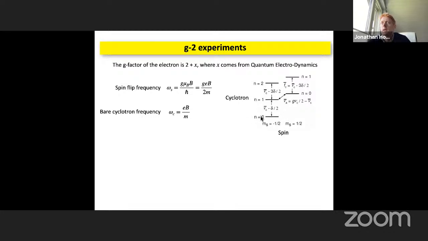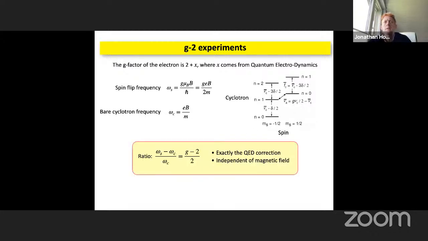The difference between n equal to 0 and n equal to 0 with the spin flipped is ever so slightly different to that, because it has this extra factor related to the difference in the g factor. So what do we see?